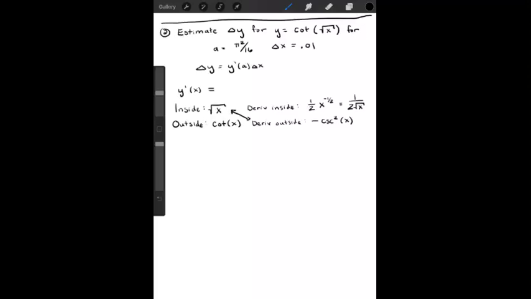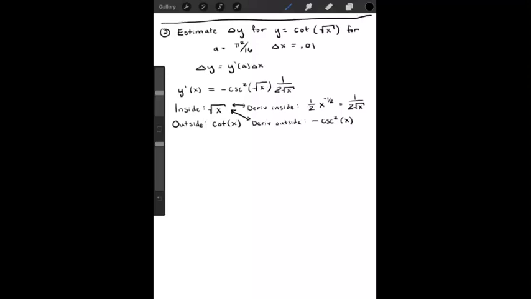Alright, so if we remember, we sort of connect these guys. Right, and then we multiply it by the derivative of the inside. Right. So that's what we get for our derivative.